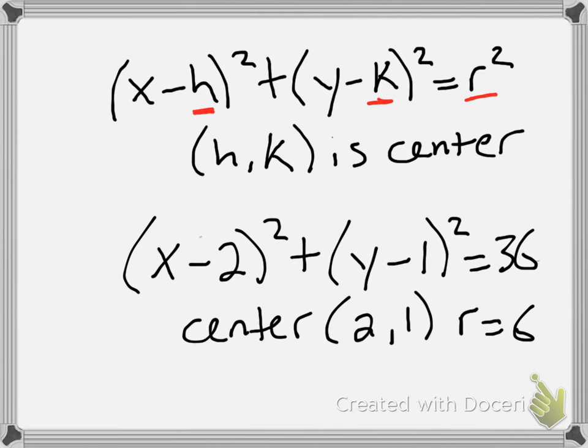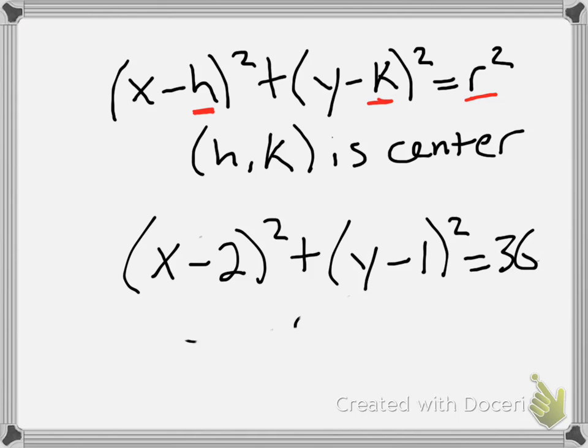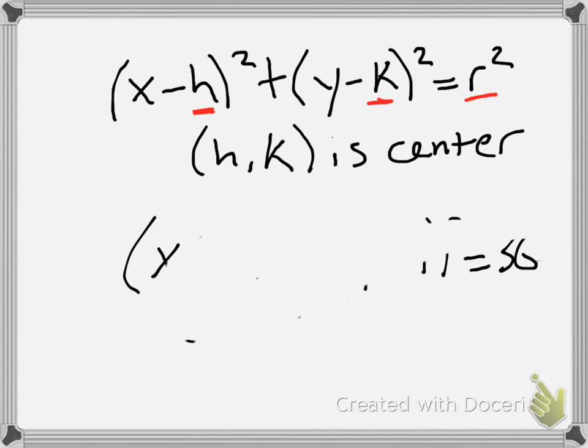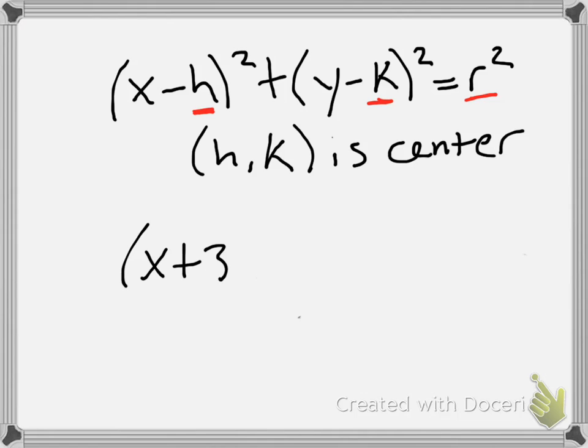You can also see ones like this. Let's say I had x plus 3 squared plus y squared equals, let's say, 20.